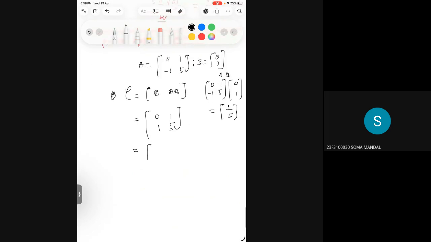So your controllability matrix has full rank, right? If you find the rank of the system, the rank of your controllability matrix is full. So the system is controllable.